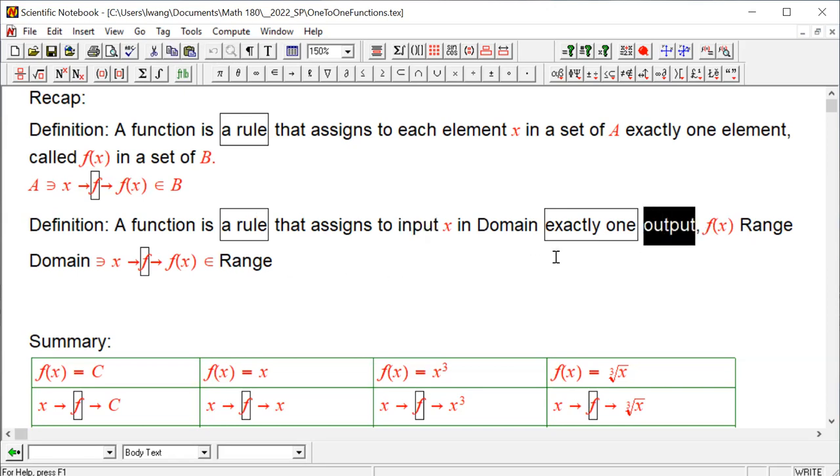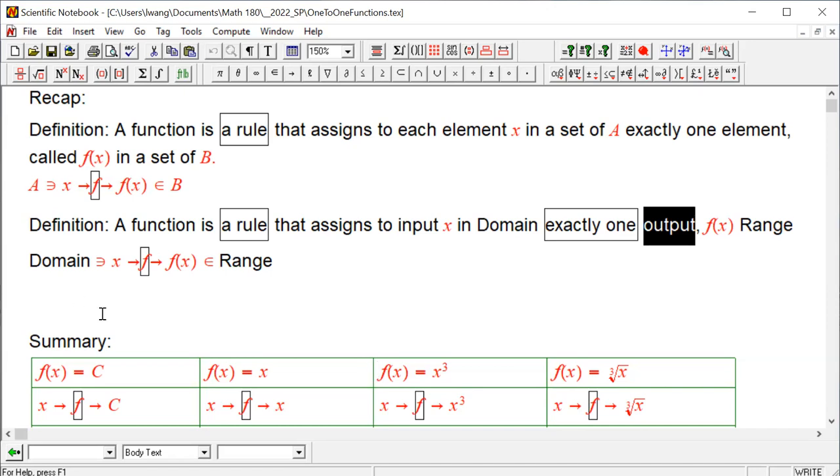For each input, the output has to be exactly one, which means it has to be unique. We must understand that. This word unique, or exactly one, is essential in the definition of function.